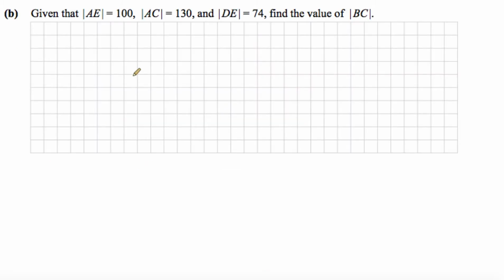Okay, part B, given that the length of the side AE is 100, the length of AC is 130, and the length of DE is 74, find the value of BC.